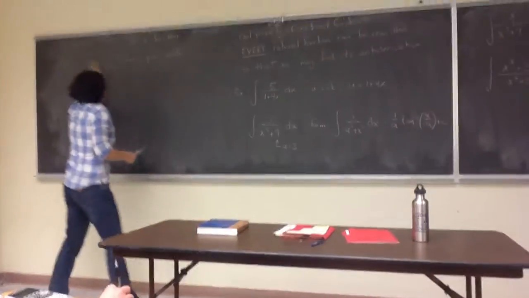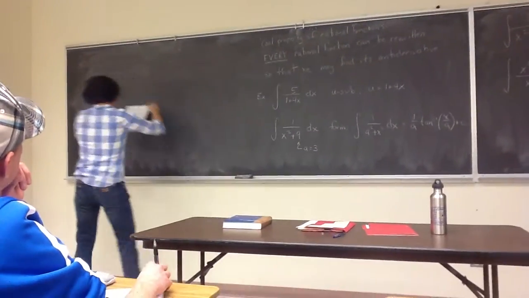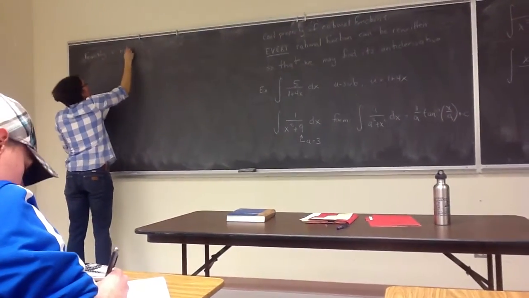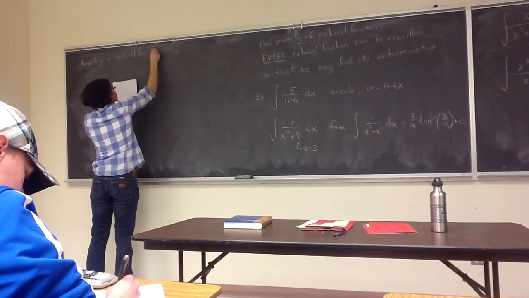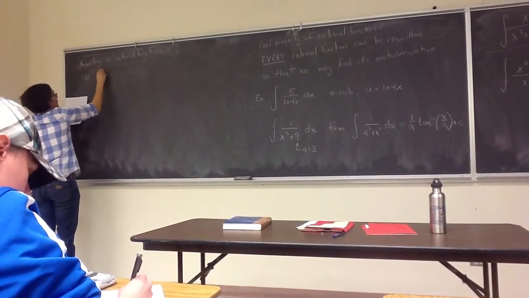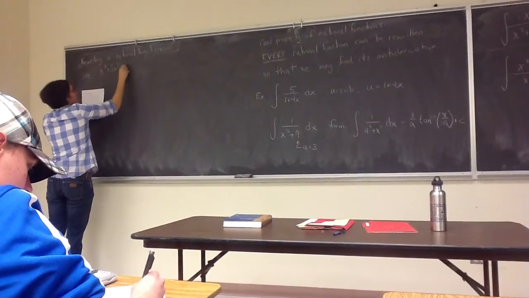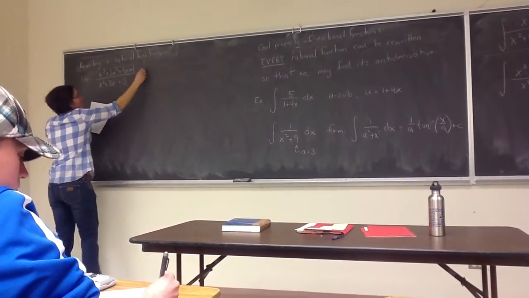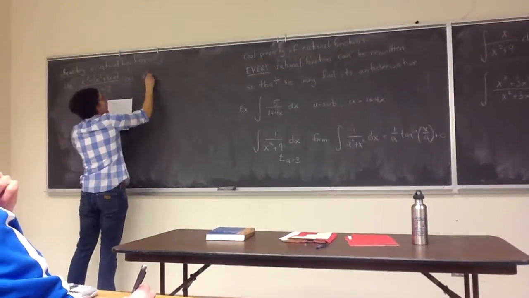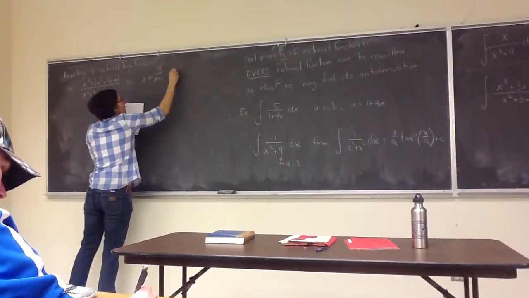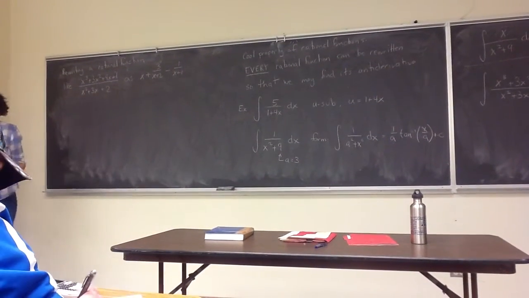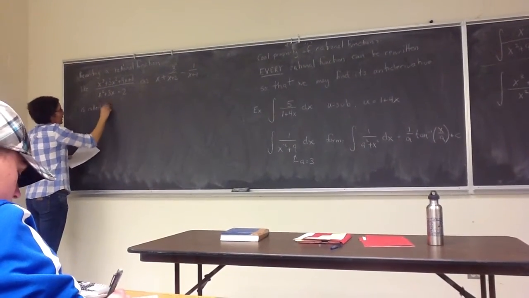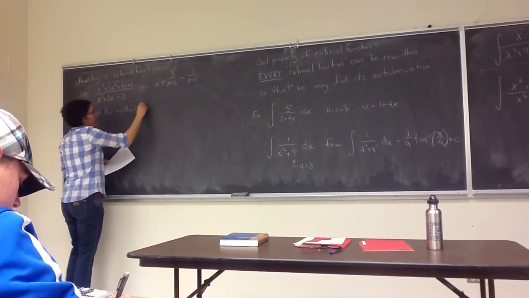This method of rewriting a rational function like this one, the x cubed plus 3x squared plus 4x plus 1 over x squared plus 3x plus 2, rewriting that as something like x plus 3 over x plus 2 minus 1 over x plus 1, this method of rewriting these rational functions is called the method of partial fractions.